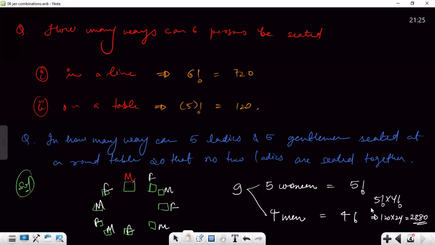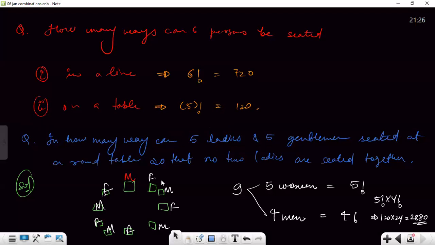Clear? Is there any doubt? No, sir. In how many ways can five ladies and five gentlemen be seated at a round table so that no two ladies are seated together? We have to fix a seat. We can fix that with male or female, it's just your choice. Thereafter, you have to arrange nine persons, out of which five women and four men need to be arranged.